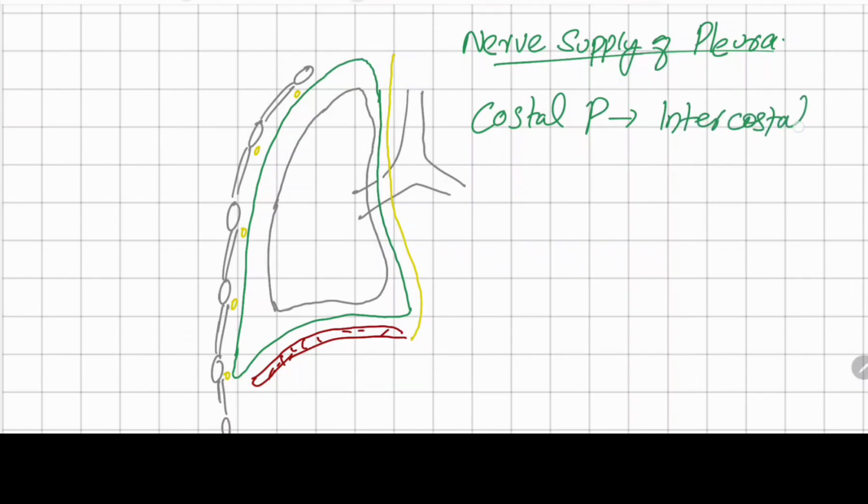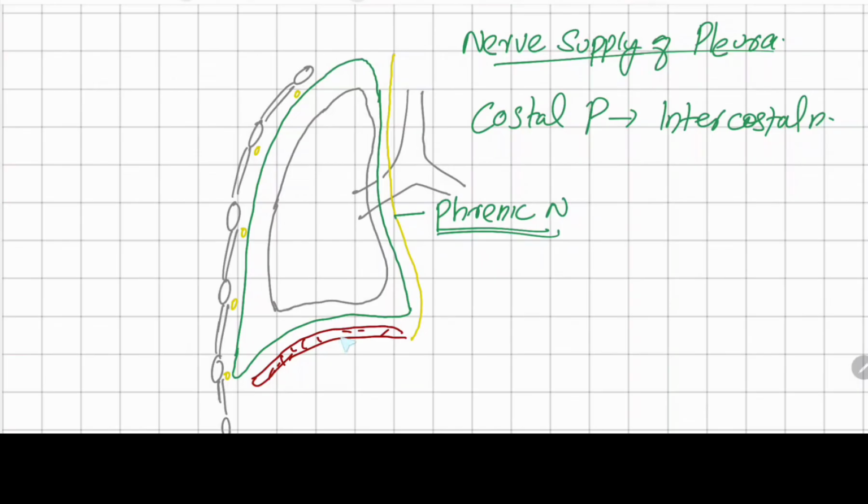Whereas for the mediastinal pleura, can you tell me the name of the nerve? This is the phrenic nerve. The mediastinal pleura is supplied by the phrenic nerve.